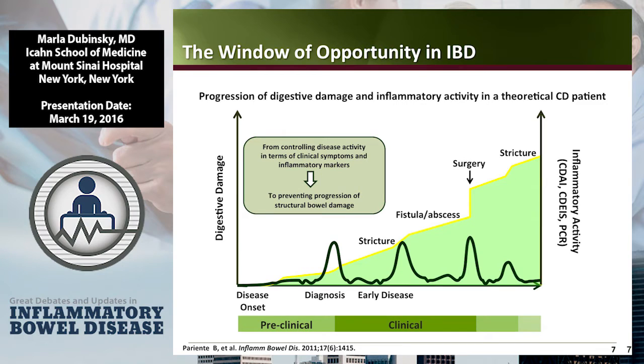Yeah, so we've shown that what happens in the first 90 days shapes the long-term complication rate. So that's why it's important to really know what are those risk factors for progression. Because once you start down this path of stricture, fistula, surgery, stricture, and you haven't altered the bowel wall damage progress, you're really going to get into problems of not really moving the needle.